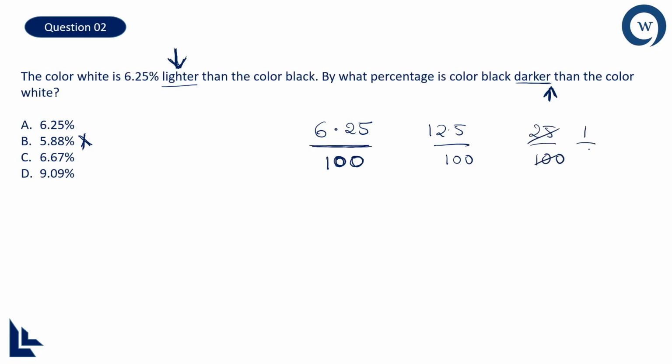Ones are, fours are, but no one is comfortable solving this because they don't know the shortcut. That's it. See, 25 by 100 is 1 by 4. Then 12.5 by 100 will definitely be 1 by 8, right? And since this is half of this value, the value will definitely be 1 by 16. So conversion is the first step. So 6.25 is the question. Convert that into fraction. You will get 1 by 16, the first step.